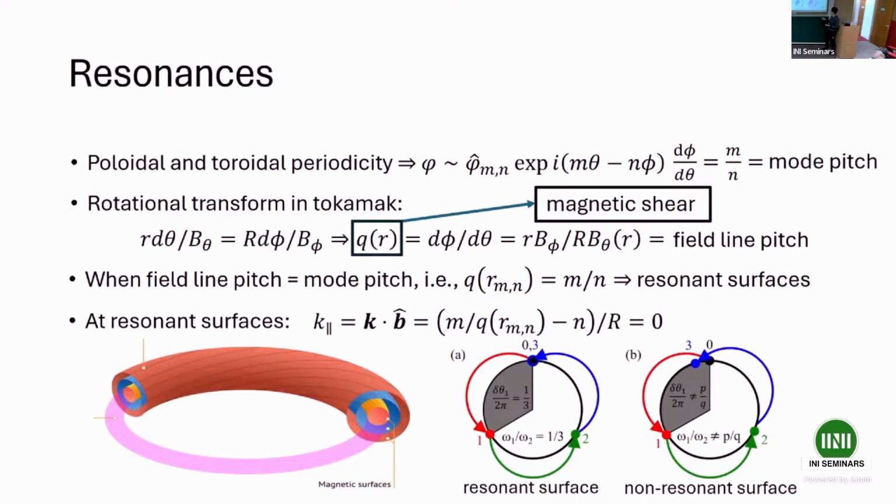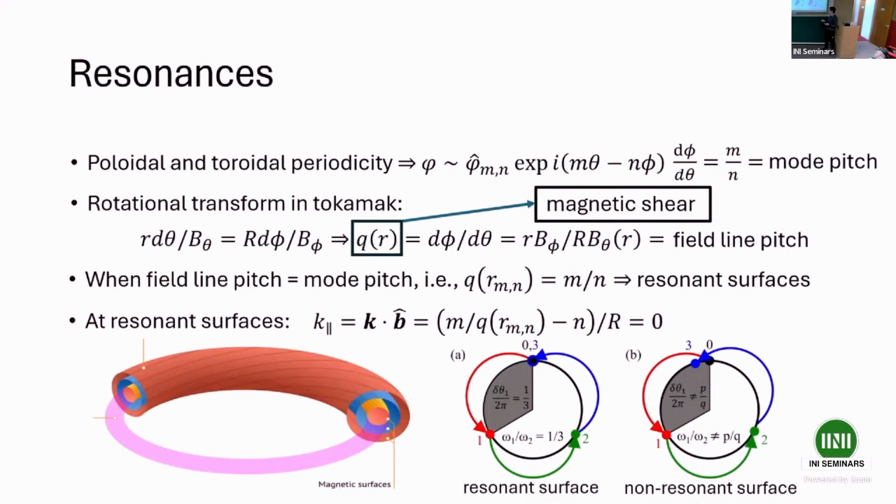As we can see, if q equals 3, then when the field line passes this cross section 3 times, it will go back to the original point. However, for non-resonant surfaces, since q is an irrational number, it can never go back to the original place.